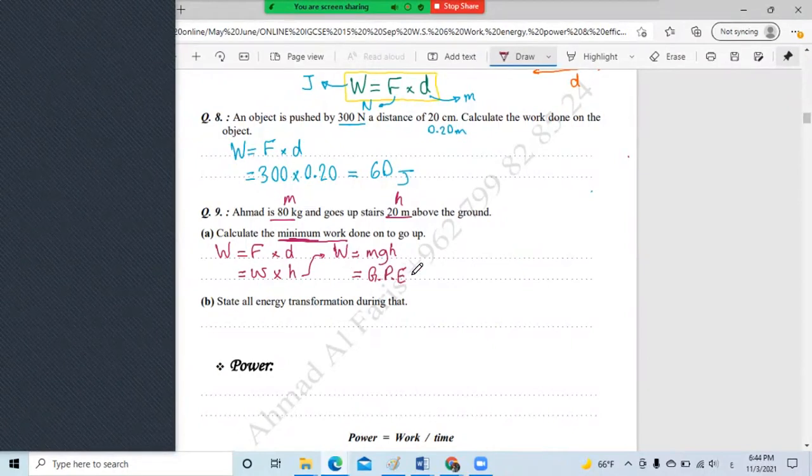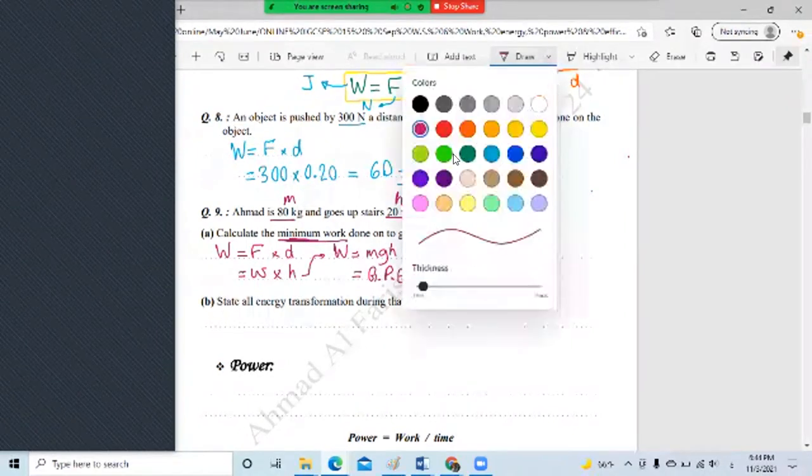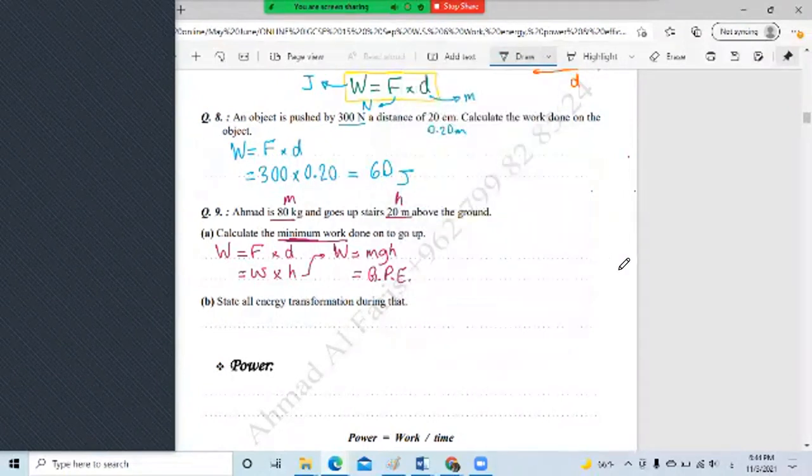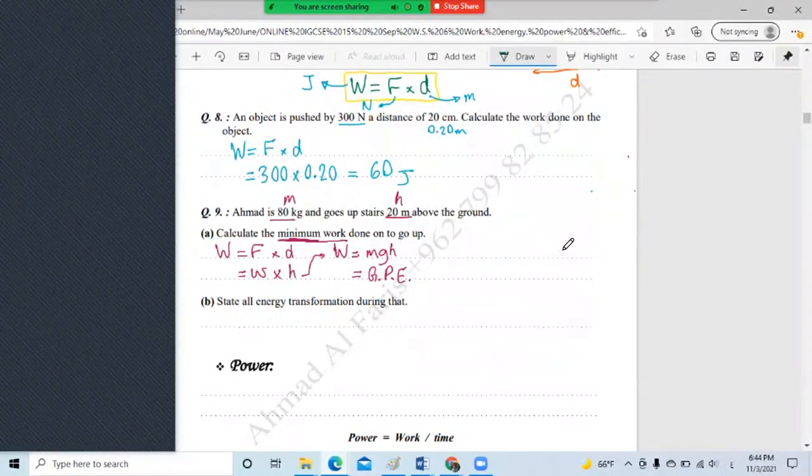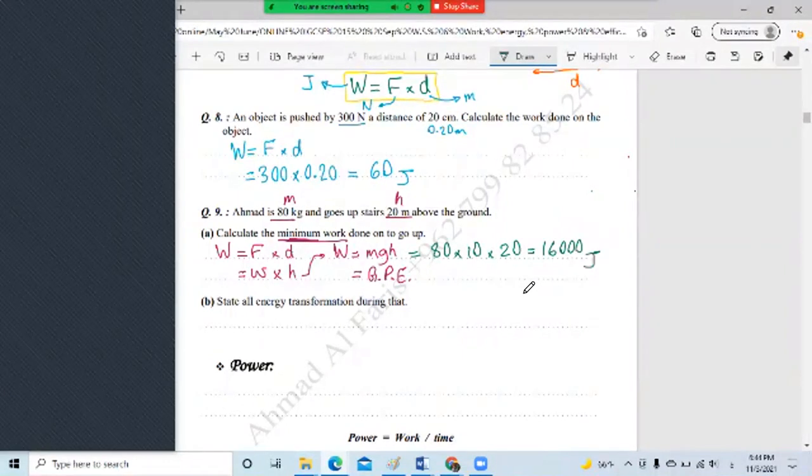This work is minimum since I'm talking only about the energy transferred, not chemical, not kinetic, not heat, only gravitational potential energy as he goes upwards. So it equals the mass, which is 80, multiplied by 10, which is gravity acceleration, multiplied by the height, which is 20, and the answer will be 16,000 joules.